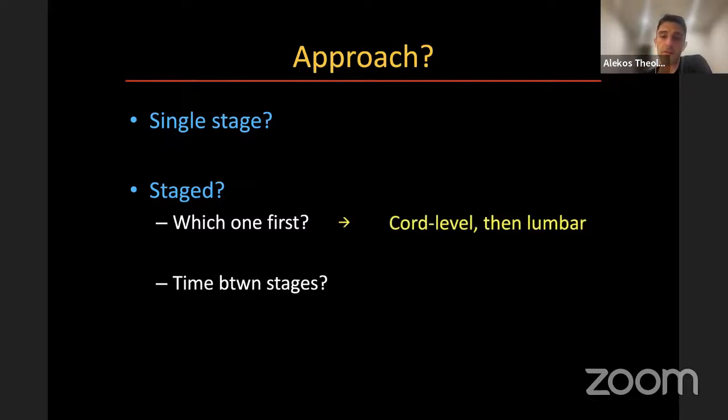For these, I prefer to prioritize the cord over the lumbar, especially if deformity correction is not the major driver, the indication for surgery. And between stages, I would say 3 months for these and probably minimum 6 weeks, especially if the other one's causing more neurologic symptoms and disability from a neural compression standpoint.